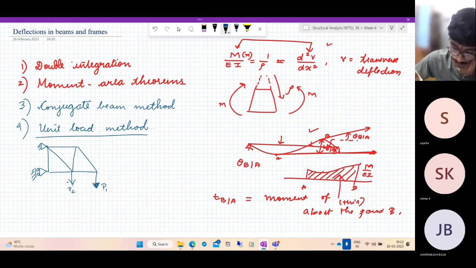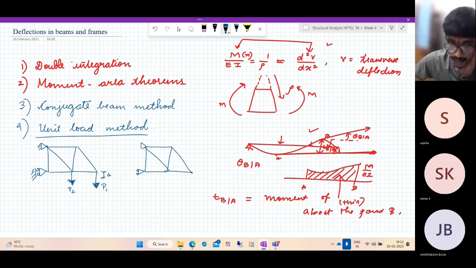Suppose we wanted to find a deflection at the tip, say delta. What did we do? We took the same truss and applied a virtual load of 1 kilonewton here, or 1 unit.